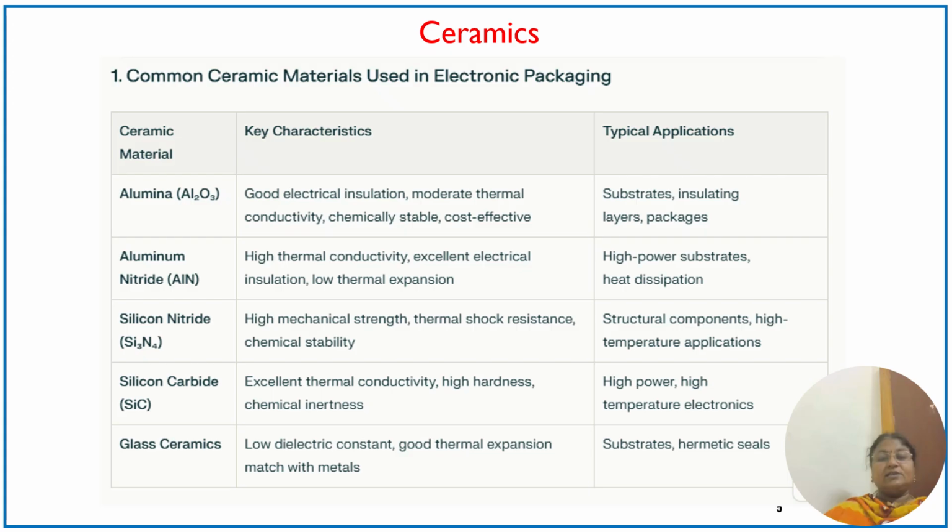That would be quite an example for this, where heat dissipation concern has been taken care of. And silicon nitride, with its high mechanical strength and thermal shock resistance, is used for structural components. In silicon carbide, you get excellent thermal conductivity and hardness, everything is going to be achieved.